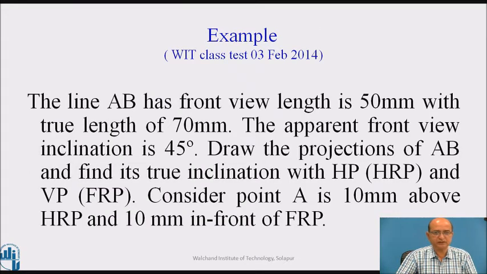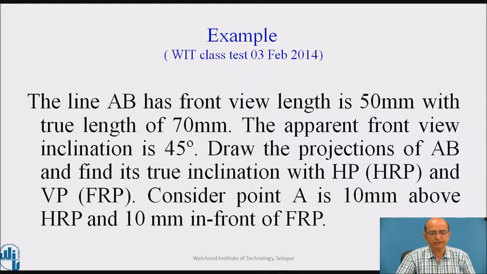Here we will consider a question in which the line AB has a front view length of 50 millimeter and a true length of 70 millimeter. The apparent front view inclination is 45 degrees. Draw the projections of line AB and find its true inclinations with HP and VP.